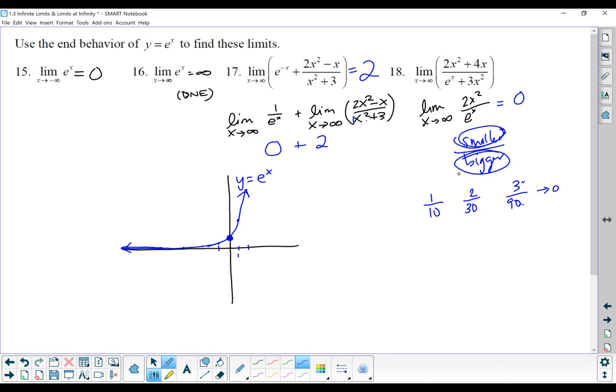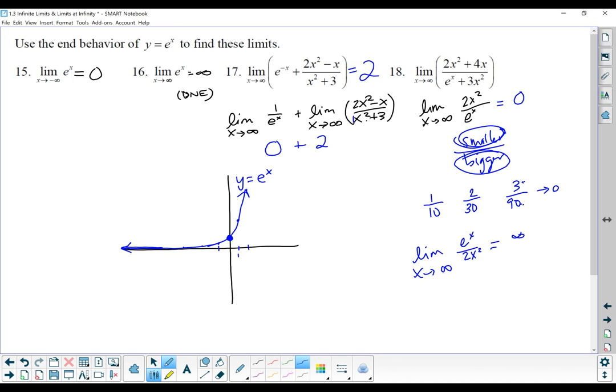Now, if it had been flip-flopped, if we had been doing the limit as x approaches positive infinity of e to the x over 2x squared, then that would approach infinity because the top is so much bigger than the bottom. So that would just get bigger and bigger and bigger.